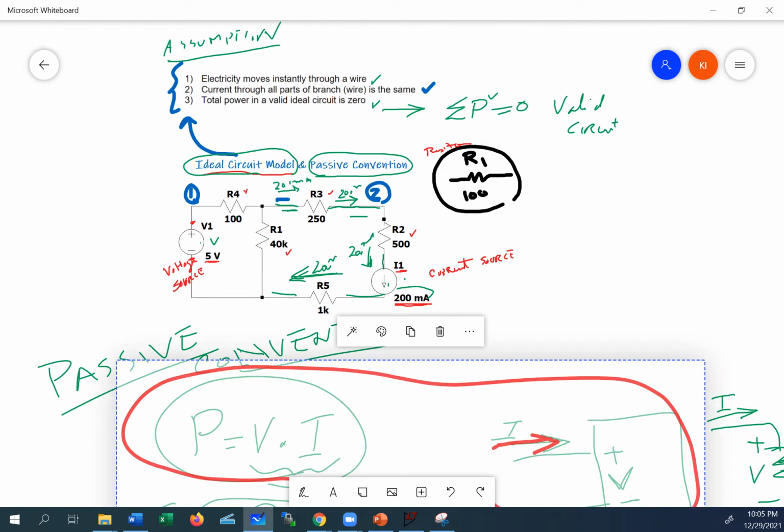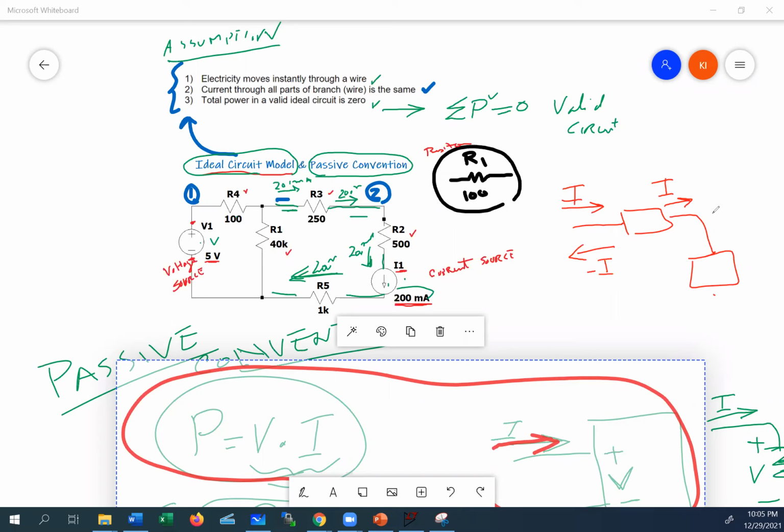By the way, just to make sure that it's clear to folks, if you have a circuit and the current I is going here, our assumption says that the same I comes out the other end. If I want to draw the I going this way, then I have to say minus I, okay?